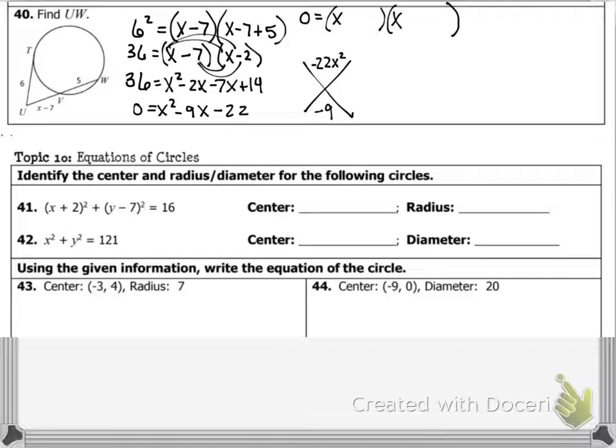Now, negative 9x. Two numbers that multiply to a negative 22. Okay, I'm thinking negative 11 and a positive 2, right? Let's get an x on both of those. And yeah, they do combine to negative 9. I know the shortcut to just plug those into the upper binomials up here right now. The negative 11 and the positive 2.